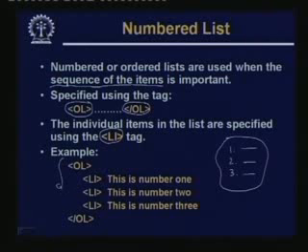So, a simple example of an ordered list or a numbered list will be like this. It will be encapsulated within OL and end OL. Inside that you can have as many list items as you want. The way you specify an ordered list is very similar to an unordered list, only that instead of UL you use the OL tag.